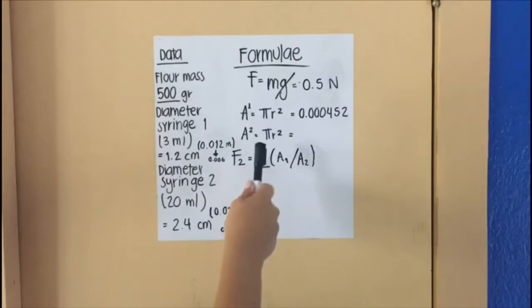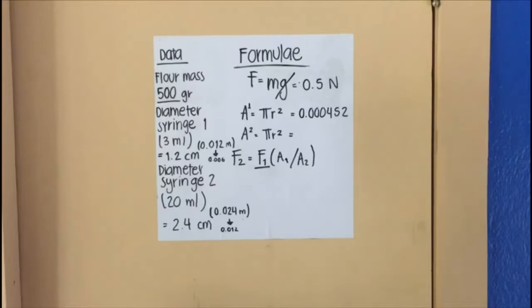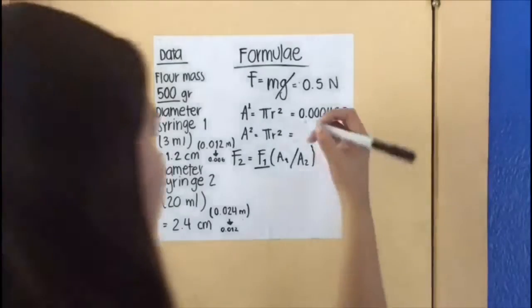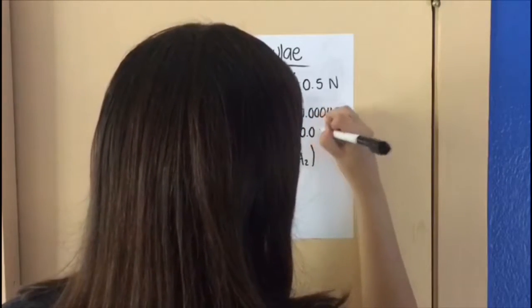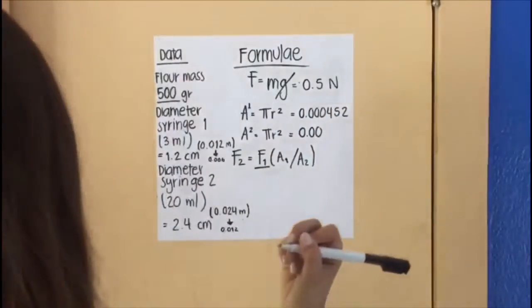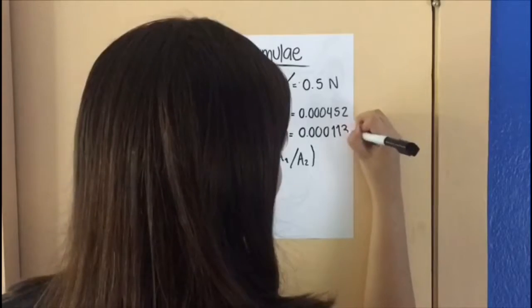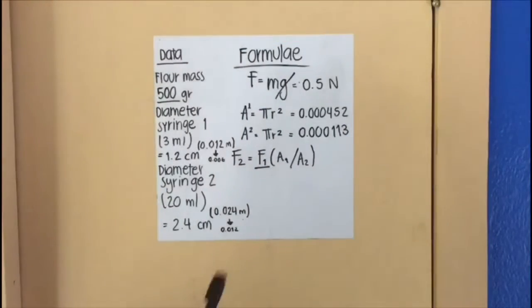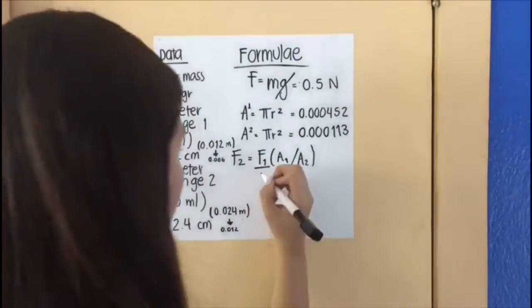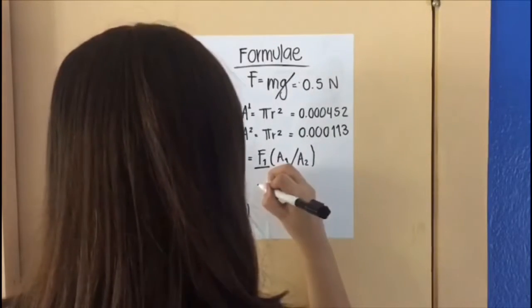So if we multiply it by pi, it will give us 0.0113.